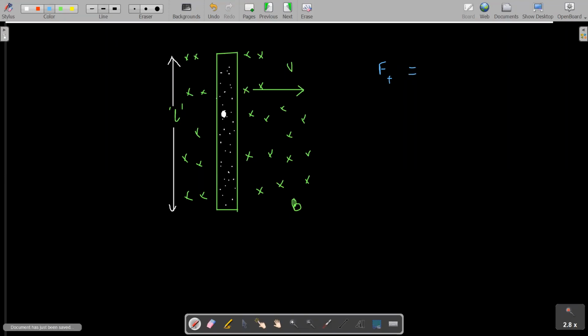It will be Q V cross B. So force on a positive charge will be F is equal to Q into V cross B, and for force on a negative charge, let us replace this Q by e. The charge on a proton is also e, the same magnitude as that of an electron, just that one is positive and one is negative.